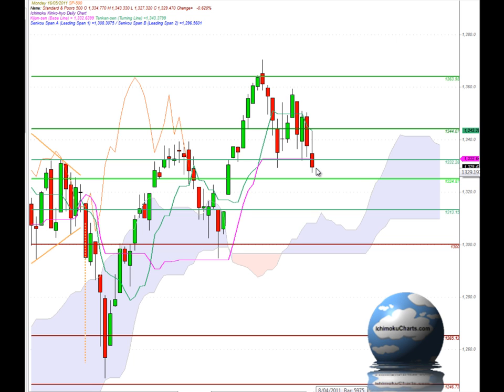So the sellers have closed this market with very strong control, and they've shown strong commitment to taking this market lower. We have a large shadow on the top of the candle, and that represents downside price rejection from the 1344 area of previous resistance and support. And it shows the buyers losing commitment up around those levels and the sellers taking control of the market.